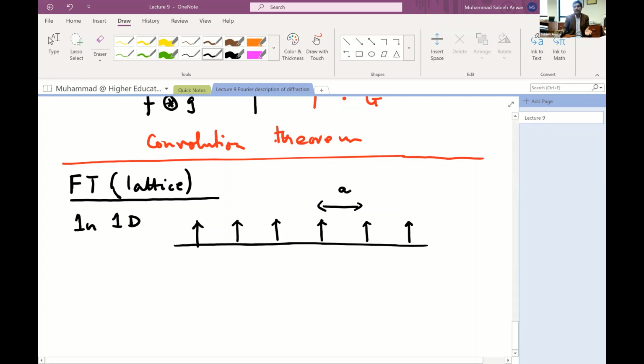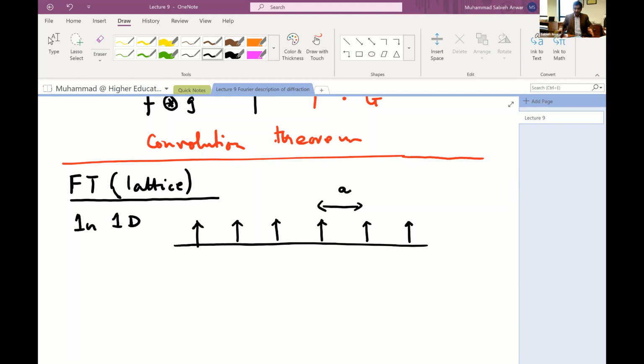A point exists nowhere, but then at a certain instance it just pops up, gives a flash, then you have a separation A, which is the lattice spacing, then you have another point. So this is a sequence of Dirac delta functions.